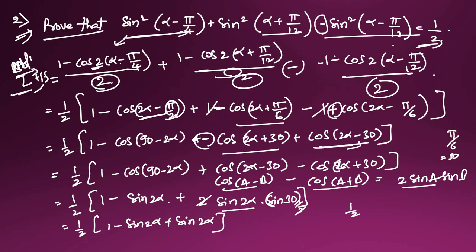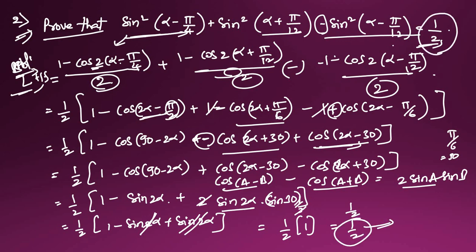Okay, so minus sin 2 alpha plus sin 2 alpha will get cancelled, and what will remain, 1 by 2 into 1, so here 1 by 2 is the answer, which is what we have to prove. So this is the answer for the given second question.